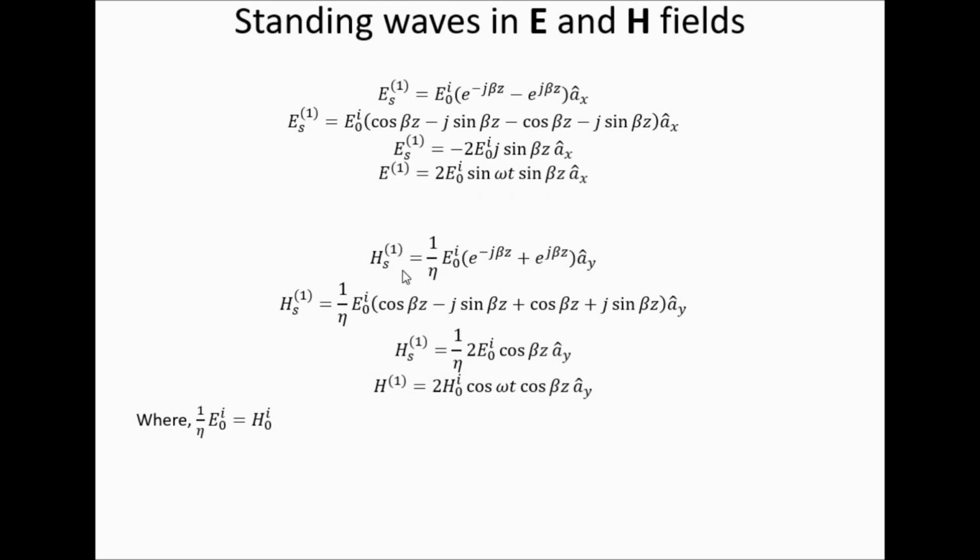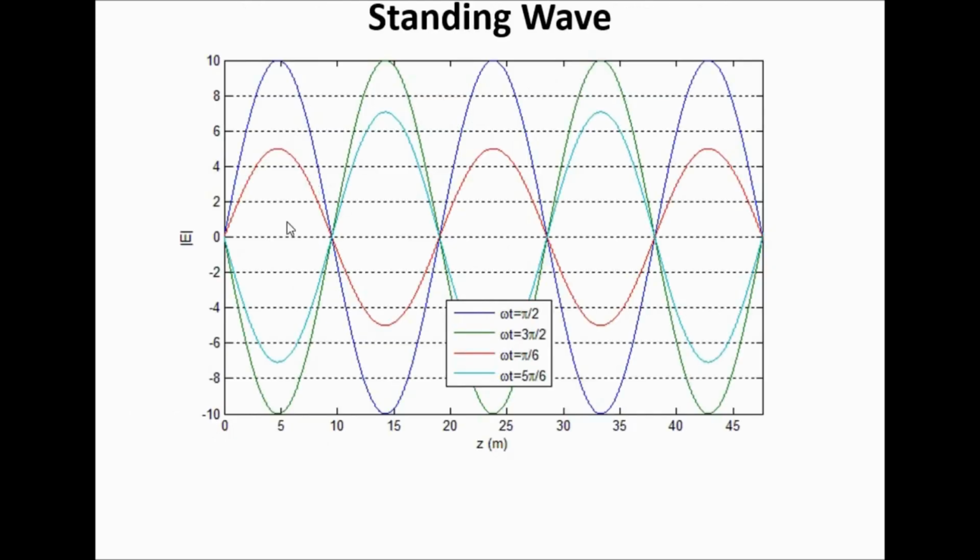Now, if you think about the magnetic field, you will get an expression like this. Break this with cosine and sine, you will get this one. So this is the magnetic field expression. So here, E0I over eta is H0I. So if you plot the standing wave, here you can see the standing wave for different omega t.